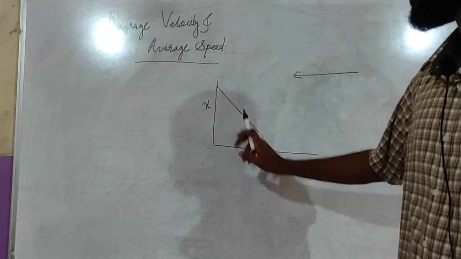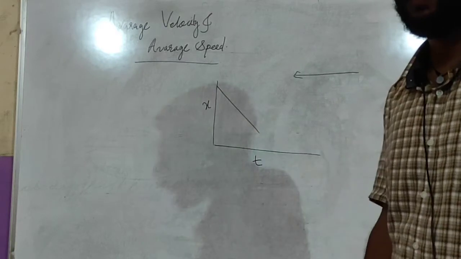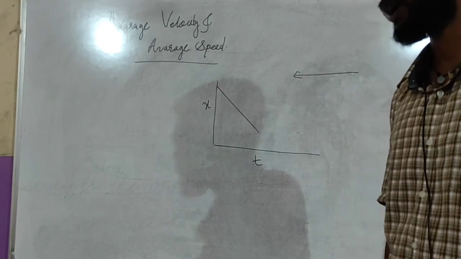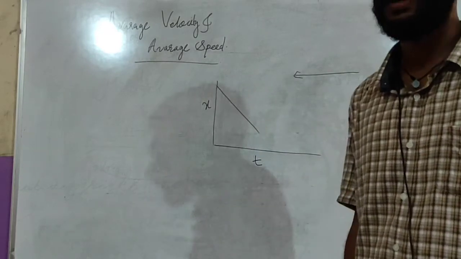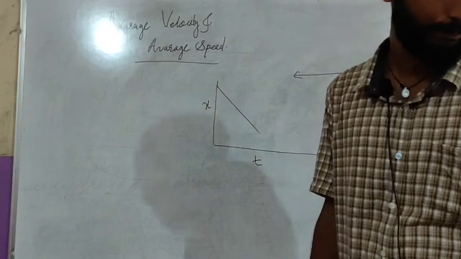In such cases, the x2 minus x1 value will be negative, and the value of the velocity will also be negative. Such motions are known as retarded motions.